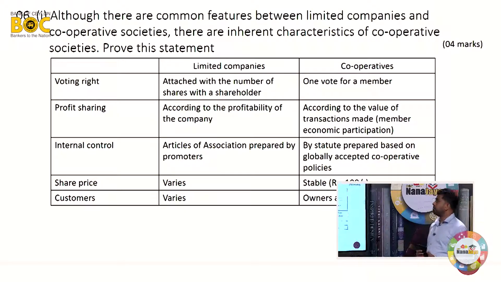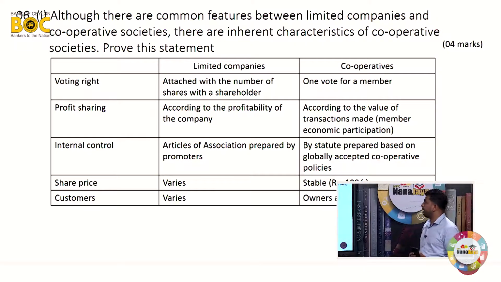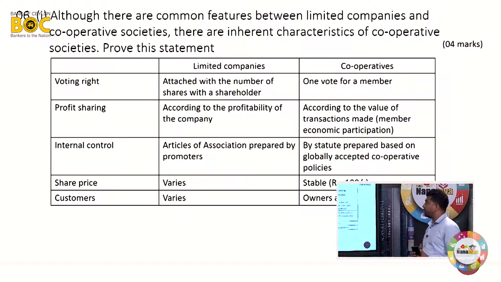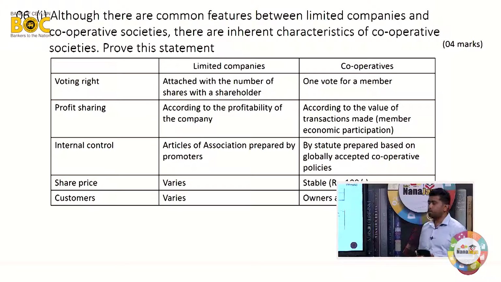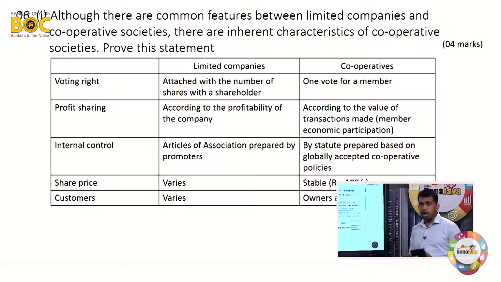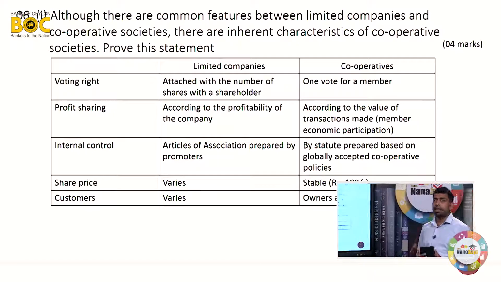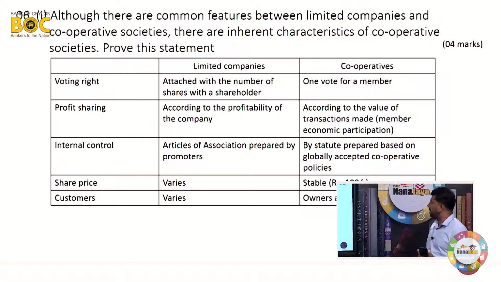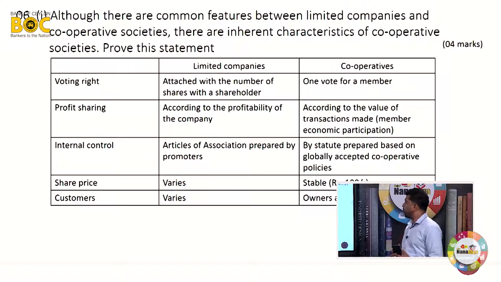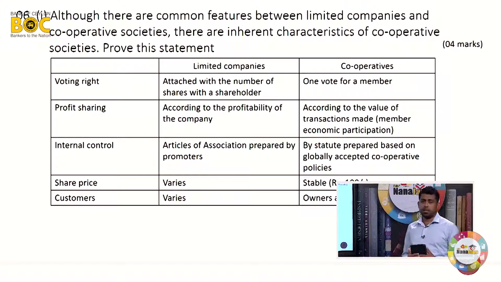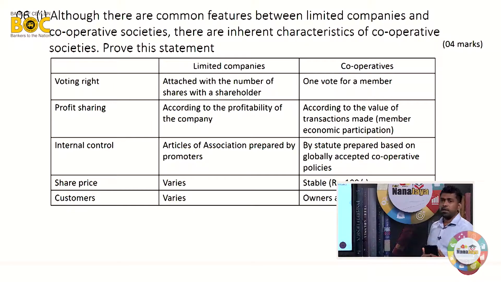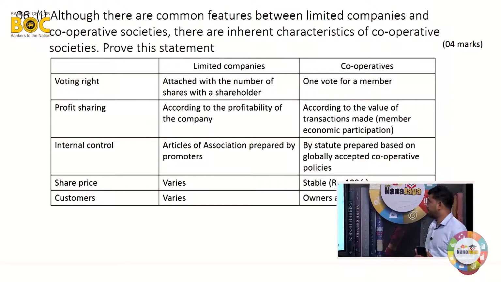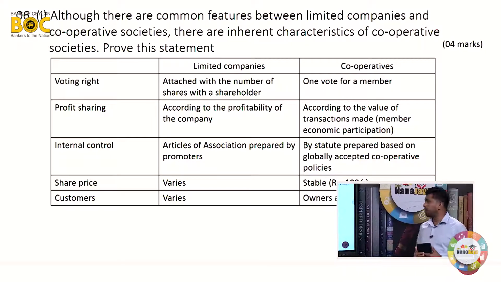If we take voting right, in limited companies, the voting right is attached to the number of shares with a shareholder. But in cooperative societies, the number of shares purchased is not a material fact. Each member possesses 1 vote. That is democratic member control.